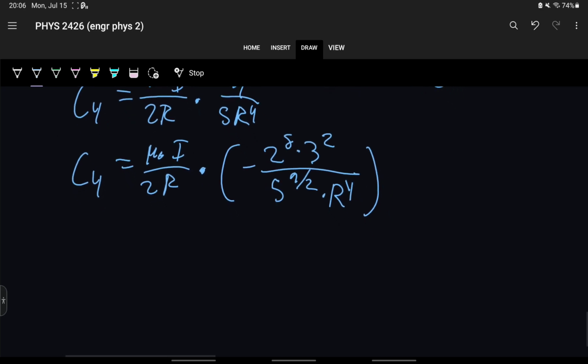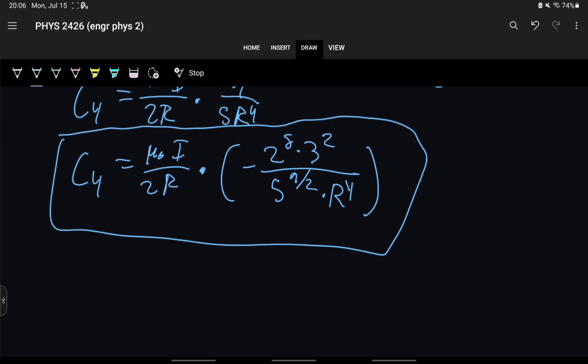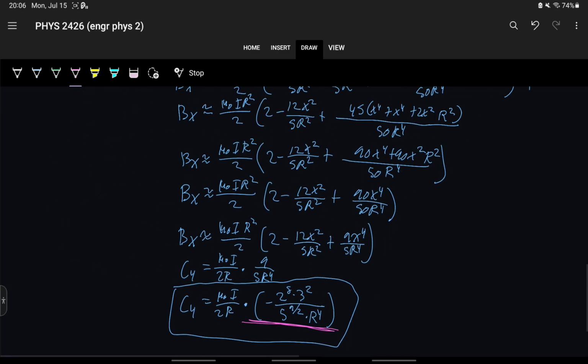So that is going to be our final answer right there. And the part that you type in is just going to be this. So it's going to be that, minus 2 to the power of 8 times 3 to the power of 2, all divided by 5 to the power of 9 over 2 times r to the power of 4.